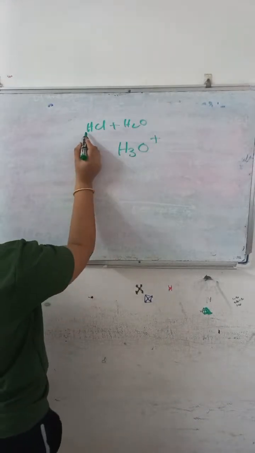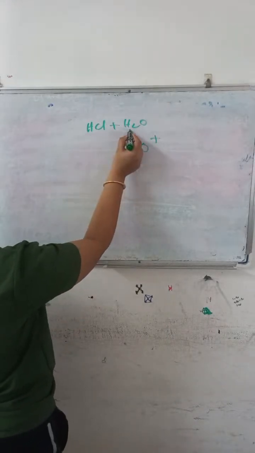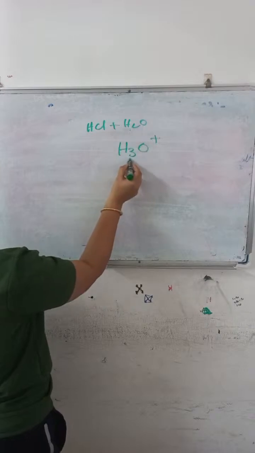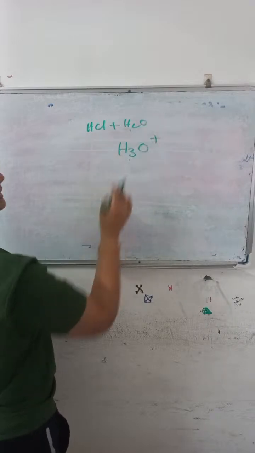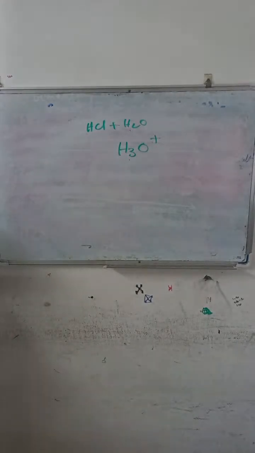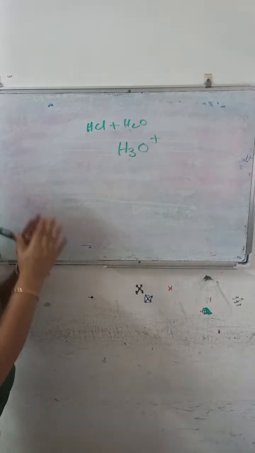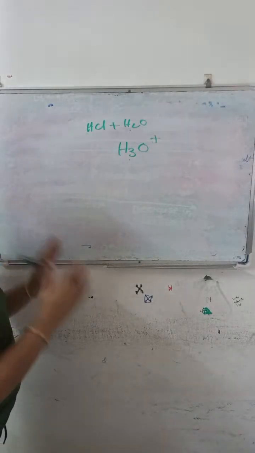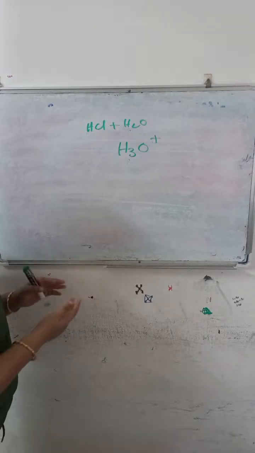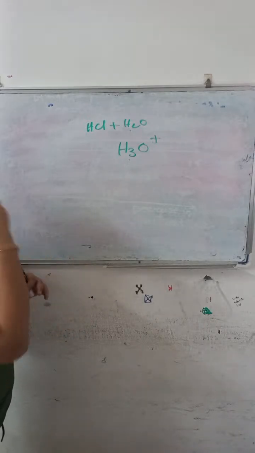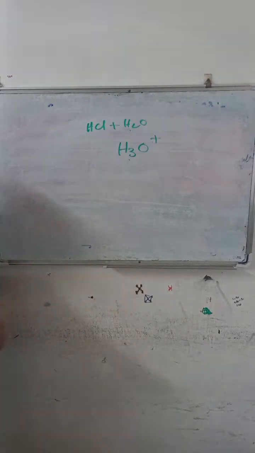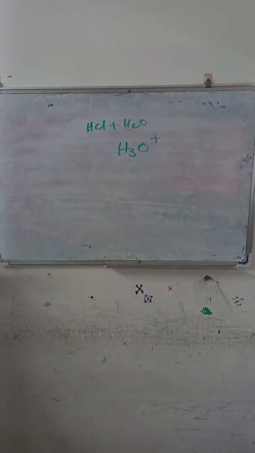So here this H gets added with H2O, forming the H3O plus ion, and chlorine gets separated here. So whenever we add water into the acid, it always forms the hydronium ion, and the concentration slowly decreases, meaning the acidic nature started decreasing if we are adding water.